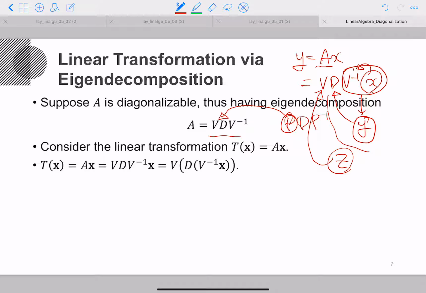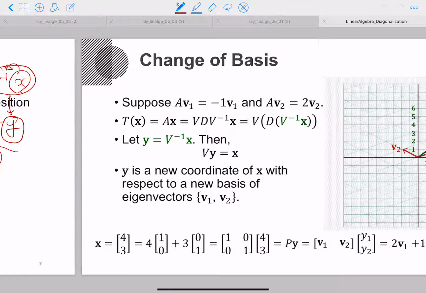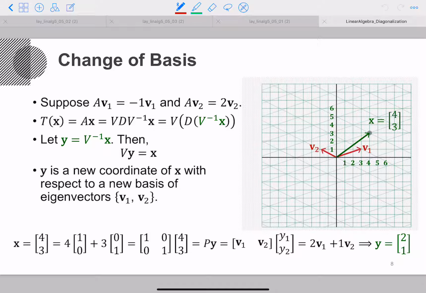So these 3 steps of linear transformation should be the same as the linear transformation defined by a single matrix A, right? Then let's look at each step in these 3 steps.